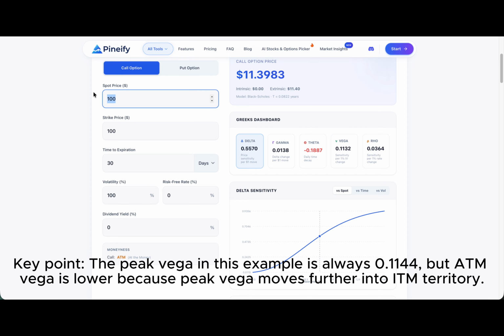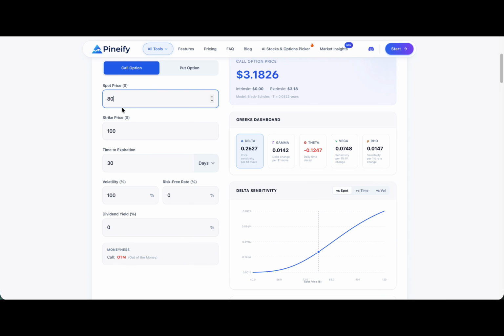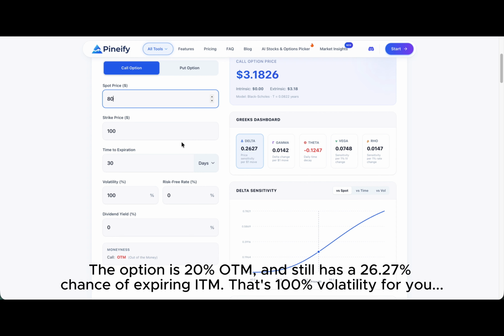And if we go back and use a 20% out of the money option, you see that even with an increase in price of 1, the option still moves a lot because of this 100% volatility. And so this is the relationship between the delta and the Vega.